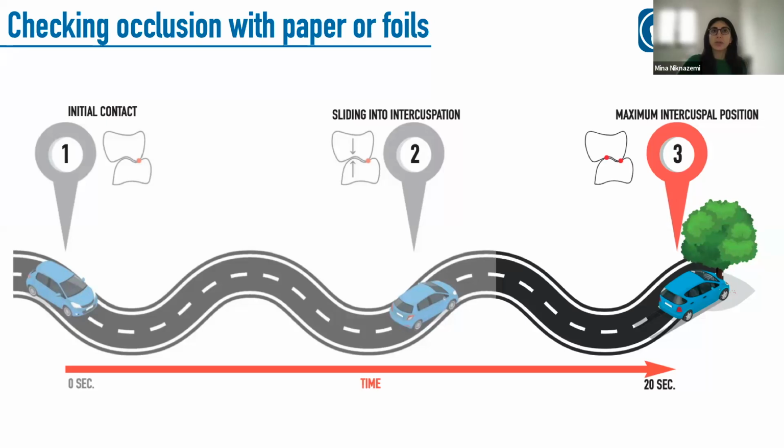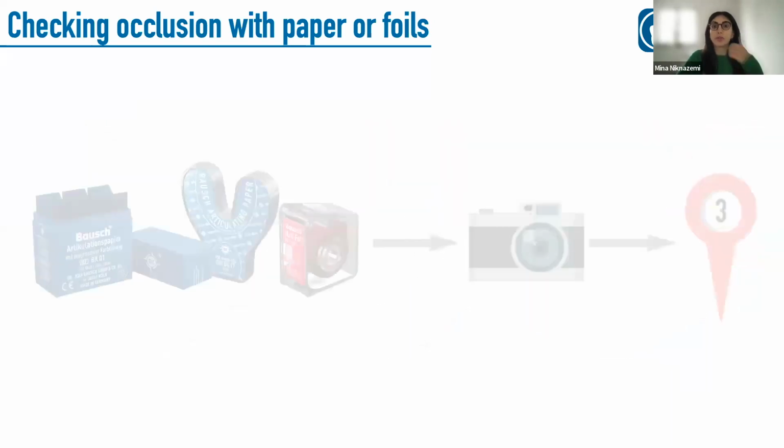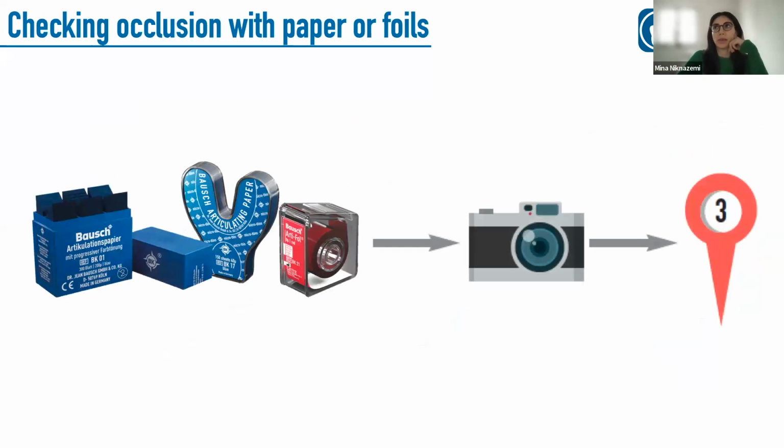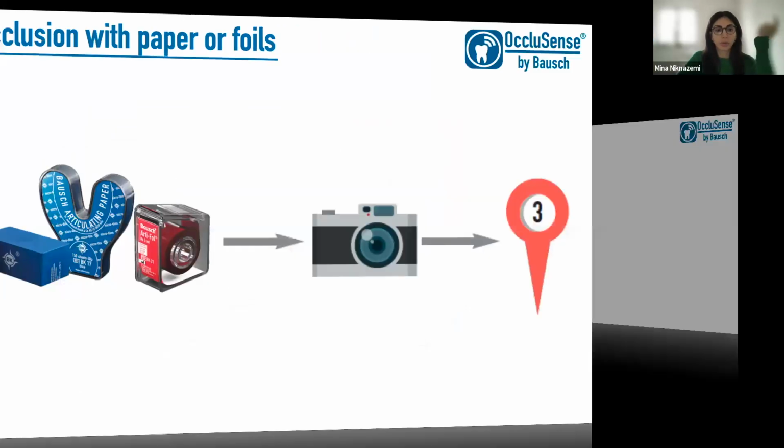In this scenario, when you're using occlusion foils or papers as a control measurement on your patients, you will only be able to see what happened at point 3. So in this case, you have a snapshot of one single moment in time. It's similar to taking a picture of one moment.